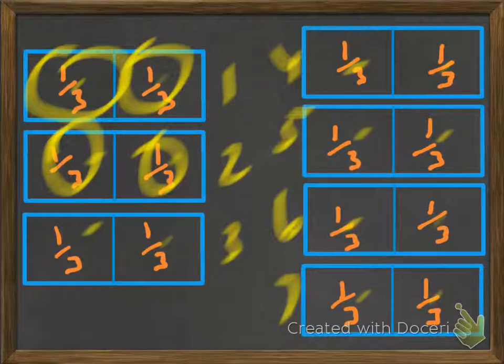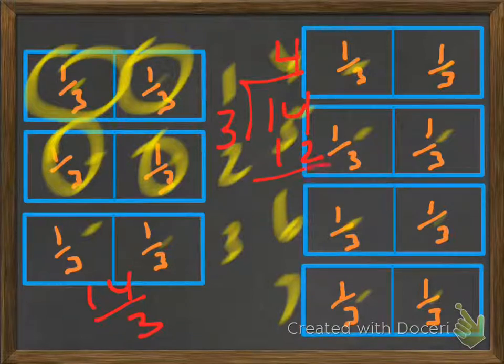So again, we're back to, we have 14/3. And like I said, 3 into 14 goes 4 times, and we get 2 left over. So that equals 4 2/3.